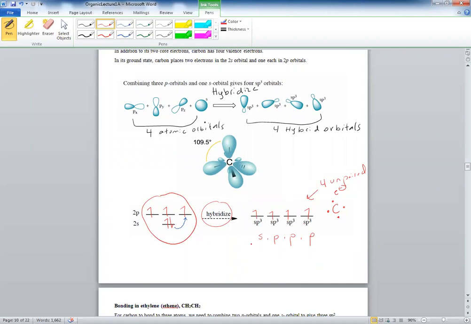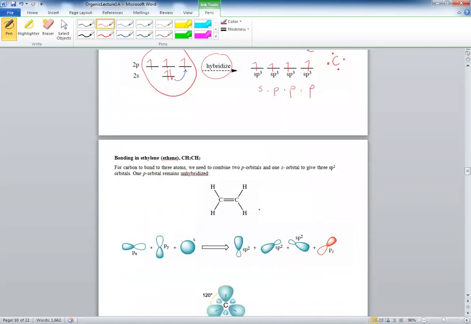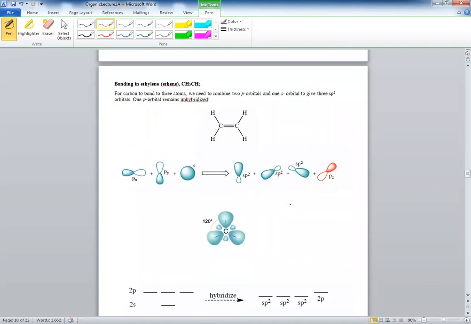So that explains it. Now, what happens if you have less hybridization occurring? If you notice here, you have only 3 atomic orbitals: 2 p orbitals and an s orbital.